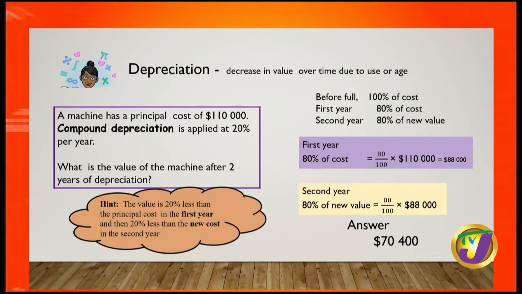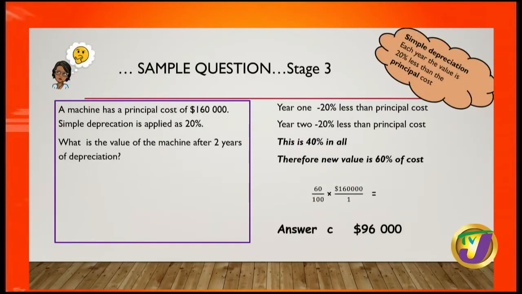So let's go back and look at the simple one. With the simple one, in year 1, it's 20% less of the principal. In year 2, it's also 20% less of the principal. So in all, it's 40% less of the principal. Therefore, the new value is 60% of the cost.